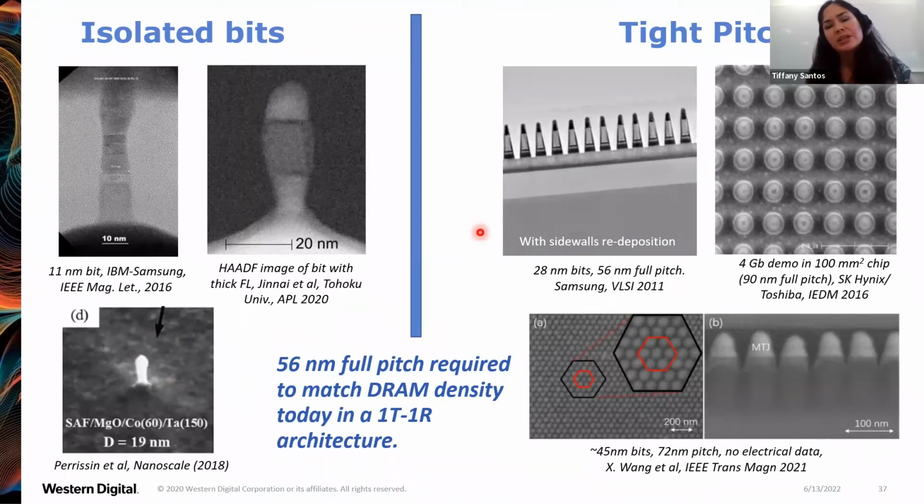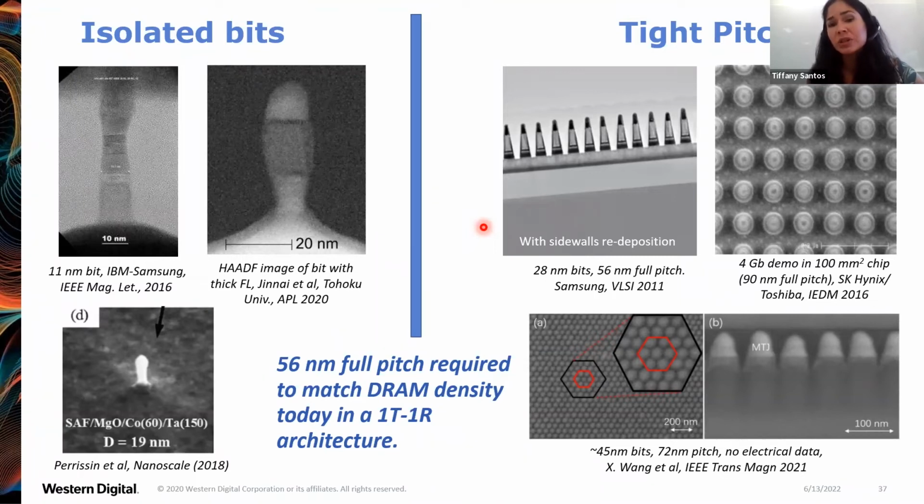Making MRAM bits in an array at tight pitch is quite challenging because you need to remove a lot of metal. The MRAM stack is mostly made up of metal, so you have to etch it away. And what's going to happen is that you'll get redeposition of this etched metal onto the sidewalls of the pillars.